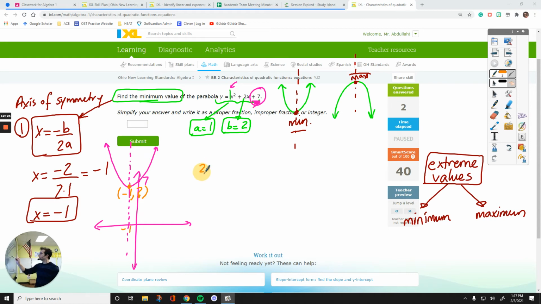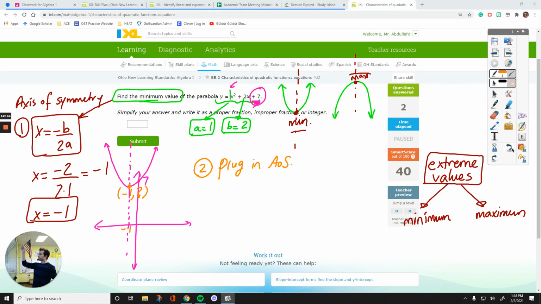So step 2. Let's name this step: plug in axis of symmetry. So we are finding f of, let's not make it more complicated than it already is.